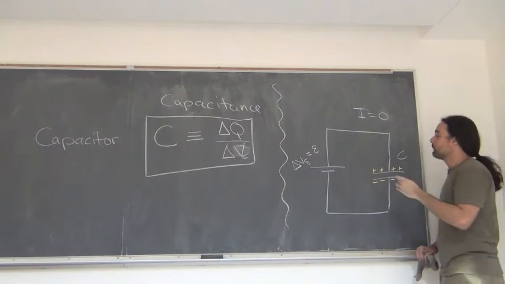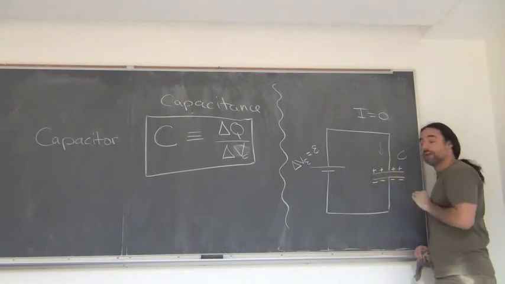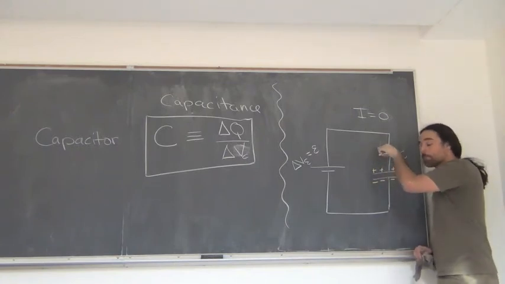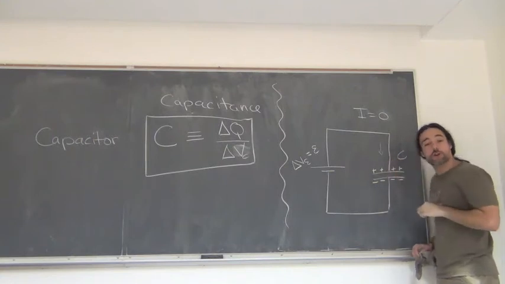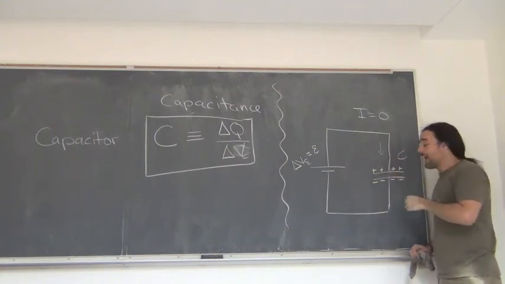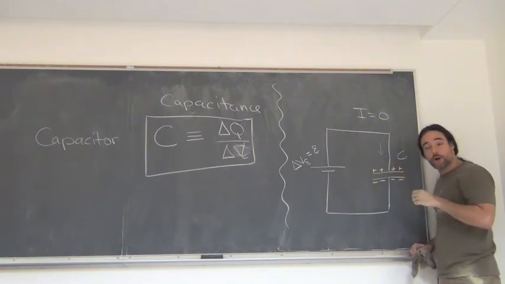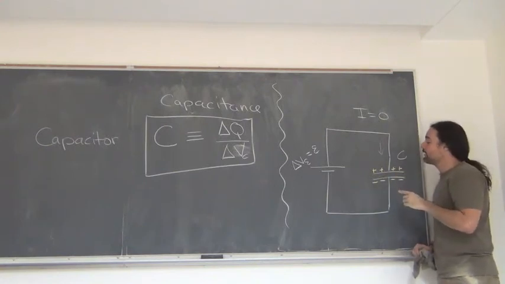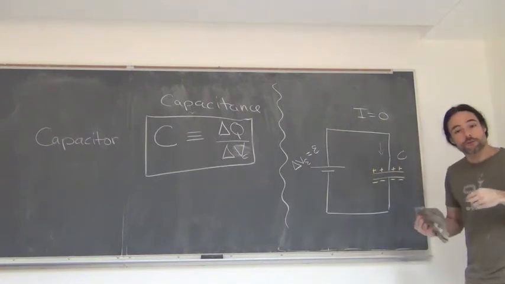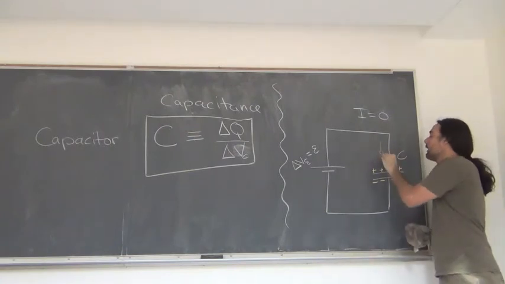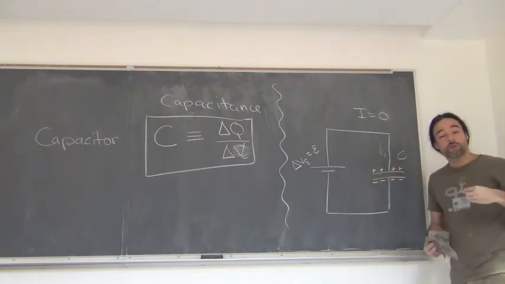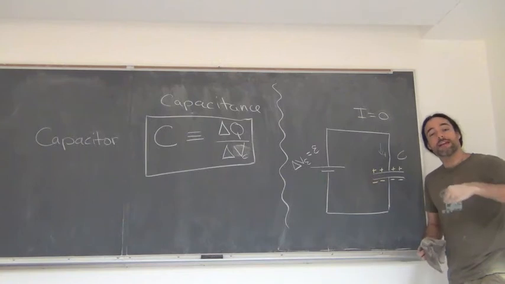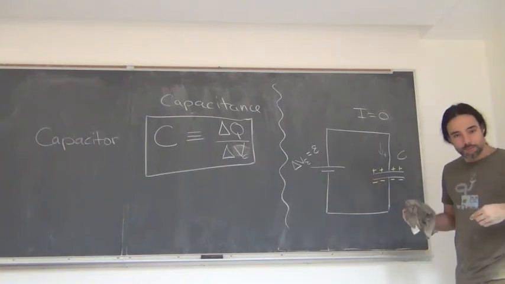The reason being, if I did have current in the circuit, that would mean I'm forcing more positive charge onto the plate. And as we build up more and more positive charge, it gets harder and harder to put more positive charge on, because the positive charges that are already on the plate are going to repel any other positive charges that are coming forward.